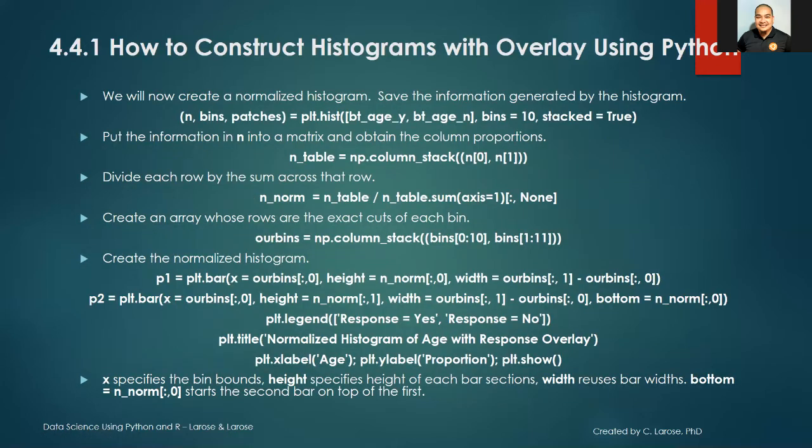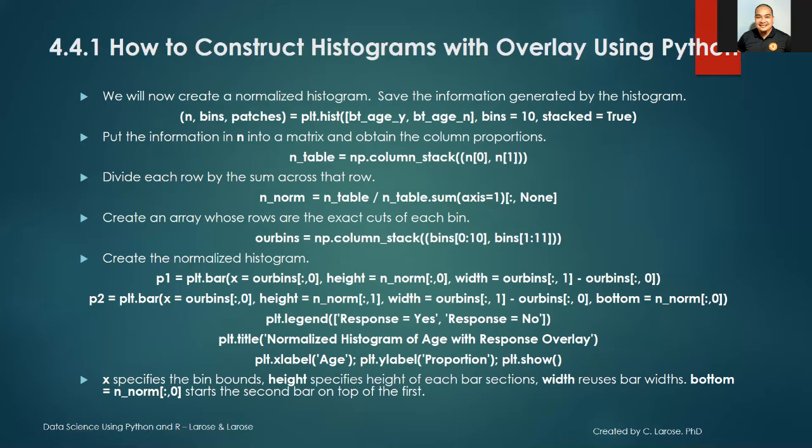Using this command, we will now create a normalized histogram. First, create a stacked histogram, but this time, save the information generated by the histogram using this command. The left-hand side of the code saves several pieces of information from the histogram.